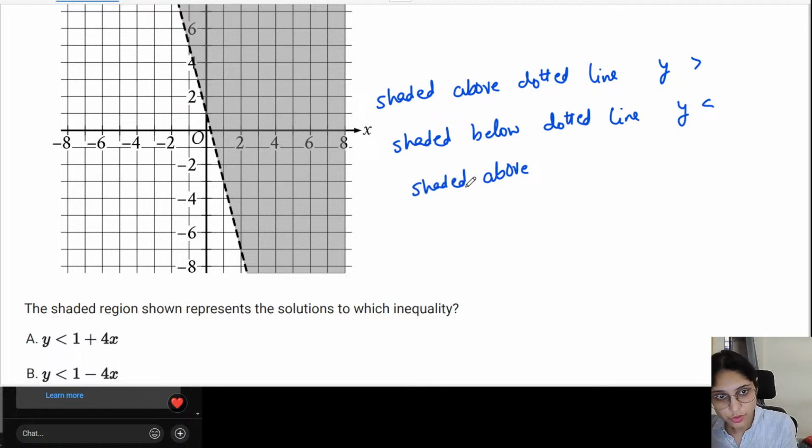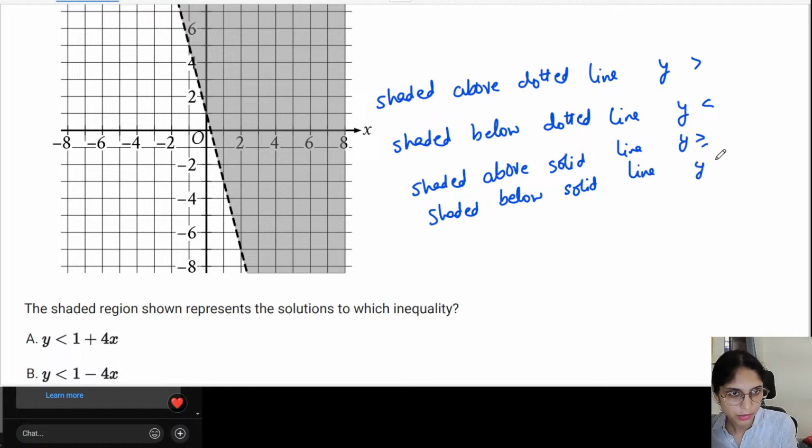Now it's shaded above solid line. To be y is greater than or equal to. If this is shaded line, this is going to be y is less than or equal to. Okay.